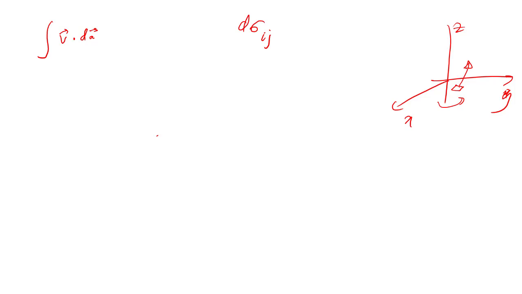So the area element itself is dx dy, and it is pointing along k. So essentially I have two different directions, and for each direction I have a dr, which is given by h_i dq_i, and the other one is given by h_j dq_j.